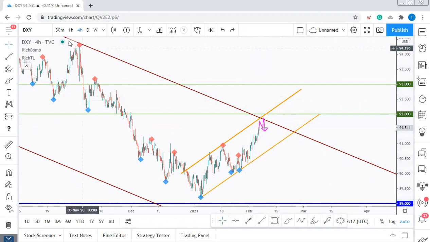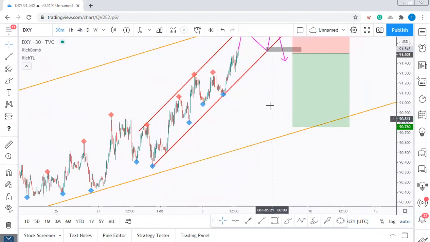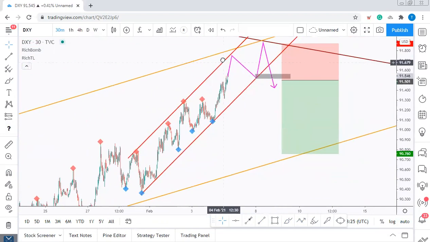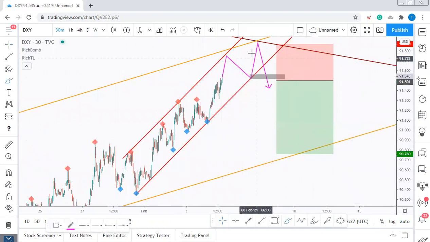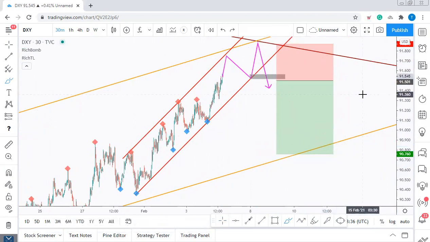But now let's get started with the first move. First things first, we'll be waiting for this corrective movement to form, and then we will look for buy here, and then we'll see if we'll have a break or a trend continuation as mentioned before.